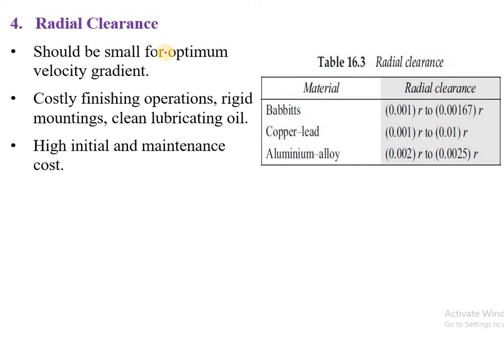So the optimum value of the radial clearance is given by 0.001 into R. Again, for particular materials, we have the range of radial clearance for babbitts, copper lead and aluminium. These are the ranges. So while solving numericals, based on the material, you can select the radial clearance.